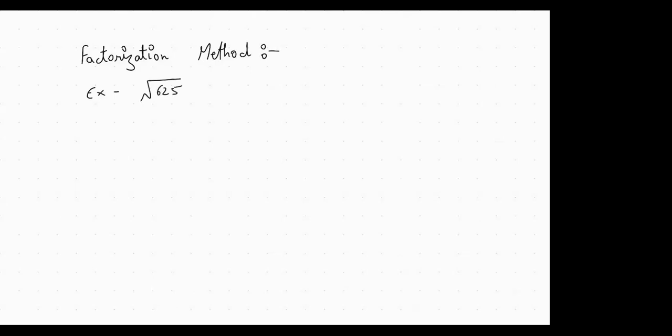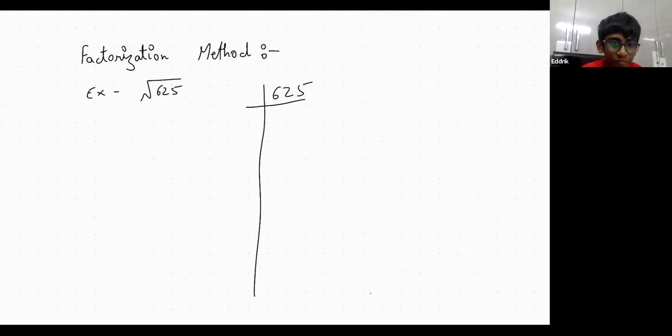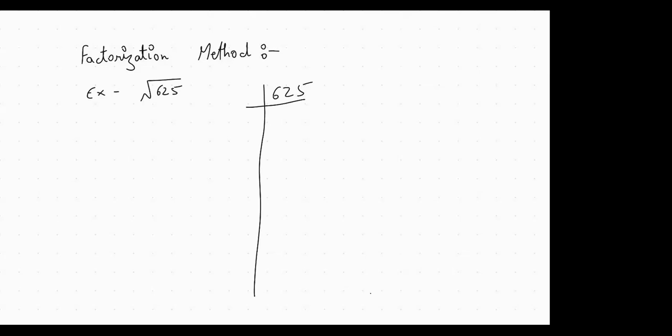Write it down. Now 625 is not divisible by 2 because it's an odd number at the end. Is it divisible by 3? Add up the digits. No. Then it will be divisible by 5. So 5 we will take.